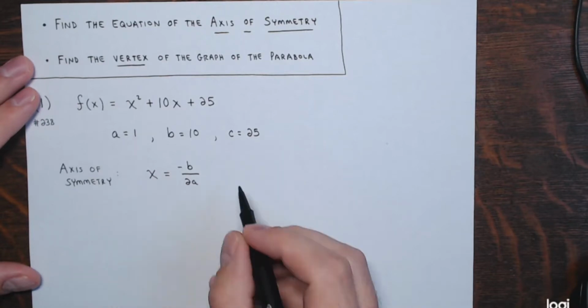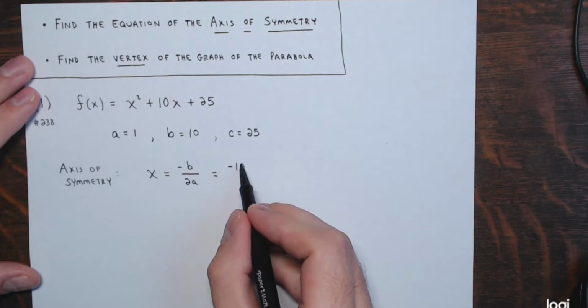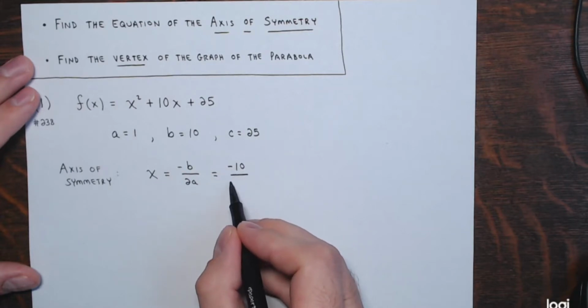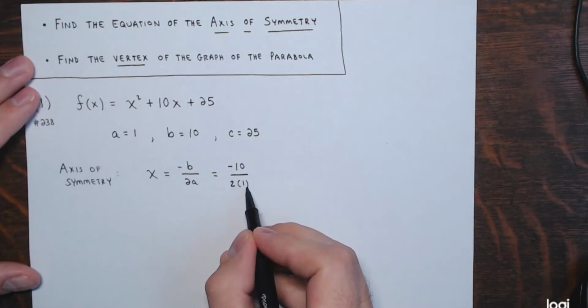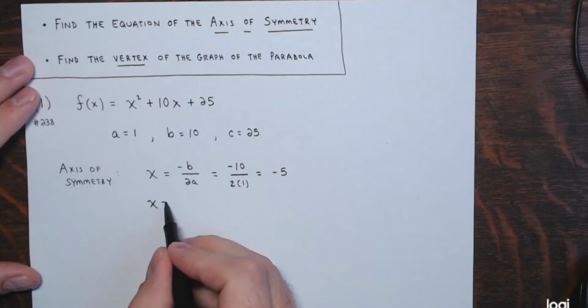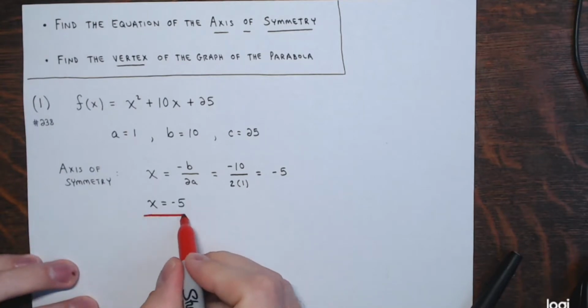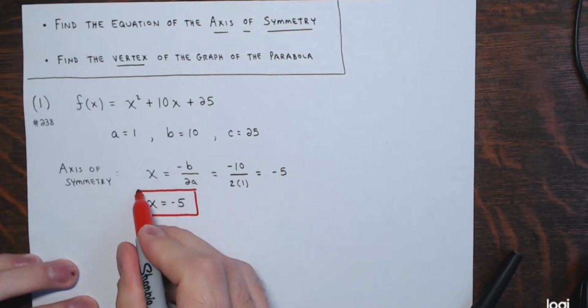So in this case that would be the opposite of 10, so negative 10 divided by 2 times a, which is 1. This is negative 10 divided by 2. That's negative 5. So x equals negative 5 is the answer for part A. Find the equation of the axis of symmetry.